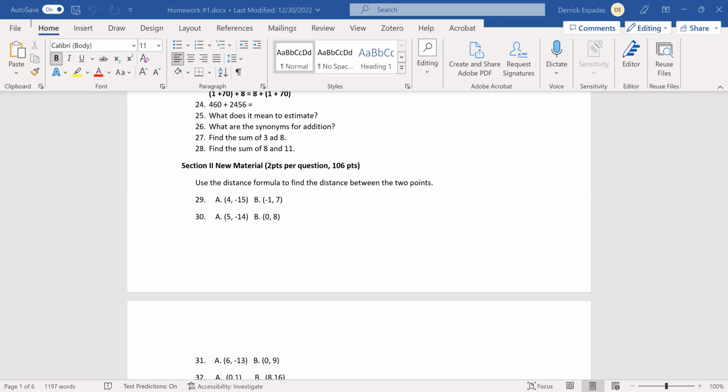So 1 is our x1, 2 is our y1, 9 is our x2, 17 is our y2.